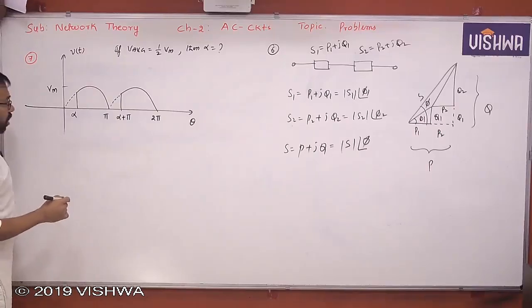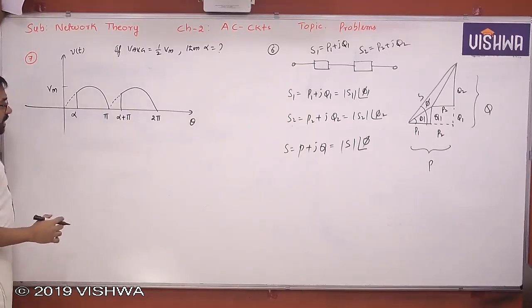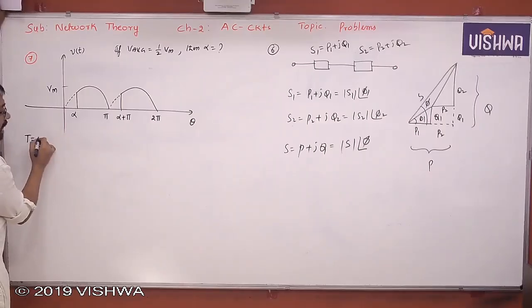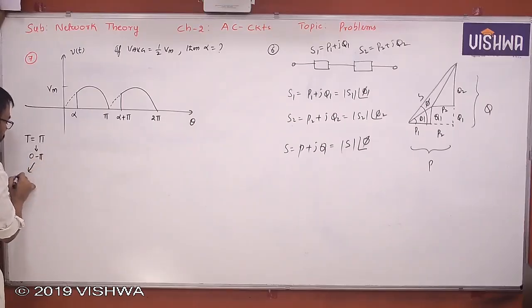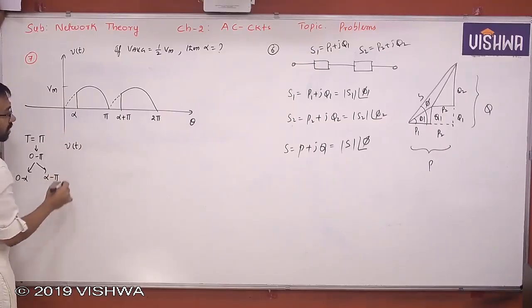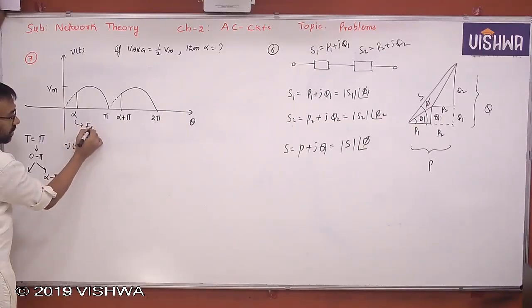So I told you already that when a periodic waveform is given, you are supposed to follow the standard procedure. What is T first? T is nothing but pi, 0 to pi, but 0 to alpha and alpha to pi. So let us define it mathematically. What is this alpha actually here? Alpha is a firing angle, not a delay angle.